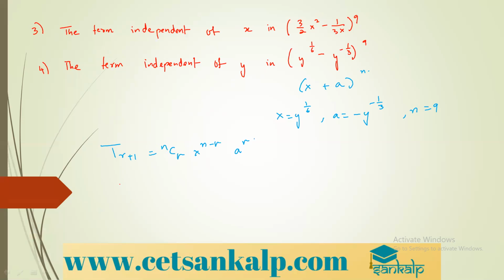So in this general term, I will write n as 9, r I don't know, x as y power 1 by 6, power 9 minus r, a is minus y power minus 1 by 3, whole power r. Now I will take y separately. That means I will separate all: 9Cr, y power (9 minus r) by 6, then minus 1 power r, and y power minus r by 3.